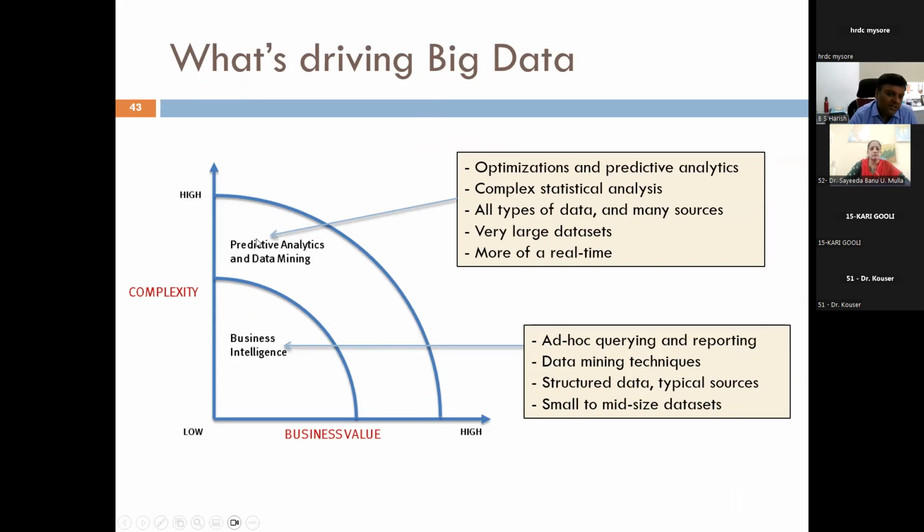More or less, predictive models will play a very crucial role, especially in handling big data, because optimization comes into the picture, prediction analysis, complex statistical analysis, all types of data and memory sources. Very importantly, all the data that are communicated will pass through these systems, only through real-time algorithms that we are going to build.